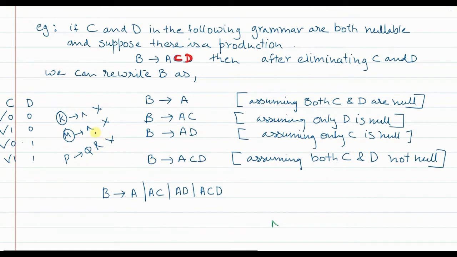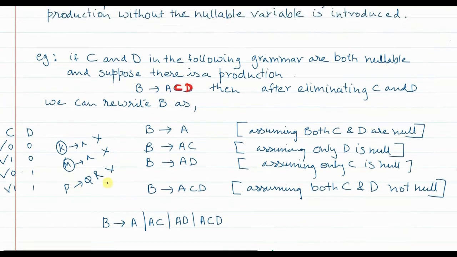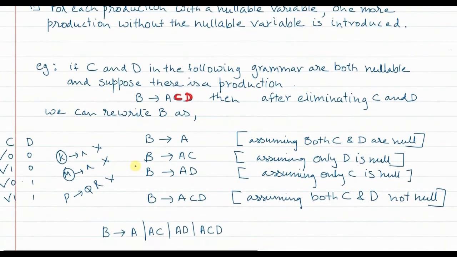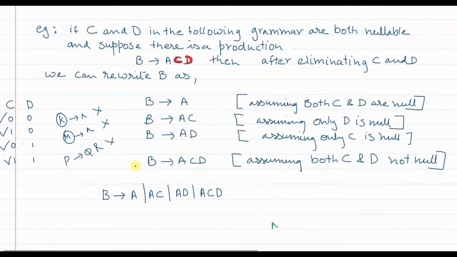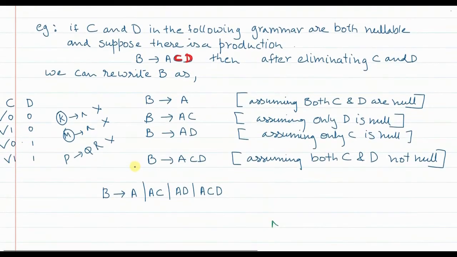Such kind of productions, directly nullable or indirectly nullable, you will have to remove. And in whatever remaining productions, wherever the nullable variables exist, those productions you will have to rewrite. Okay, so this is how you can eliminate the nullable variables.